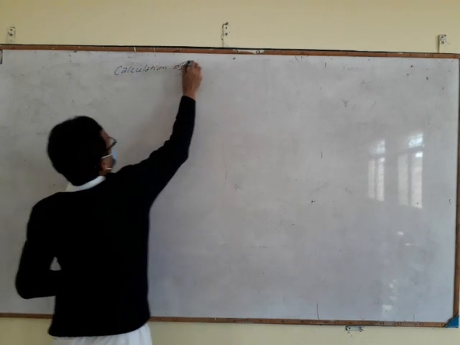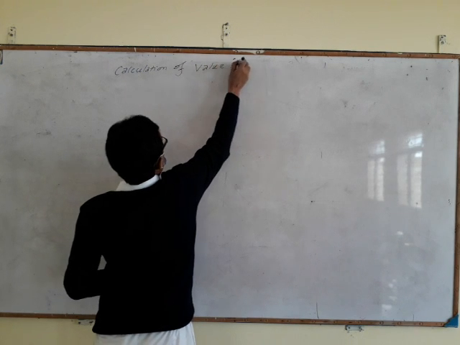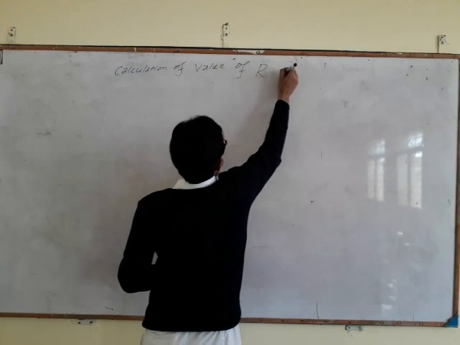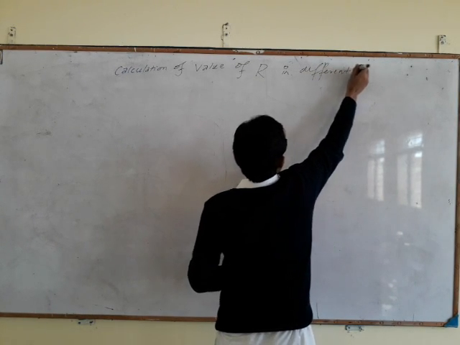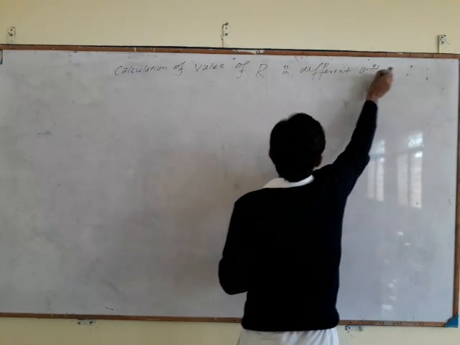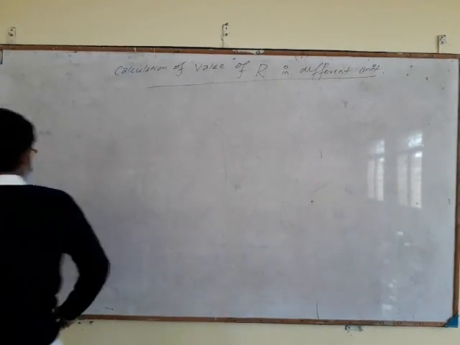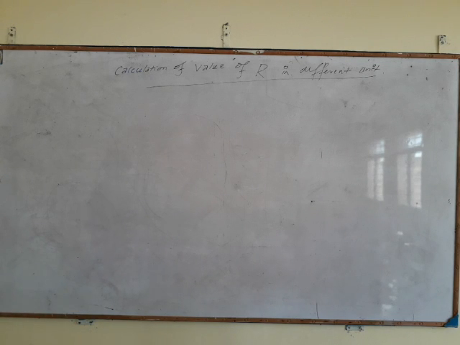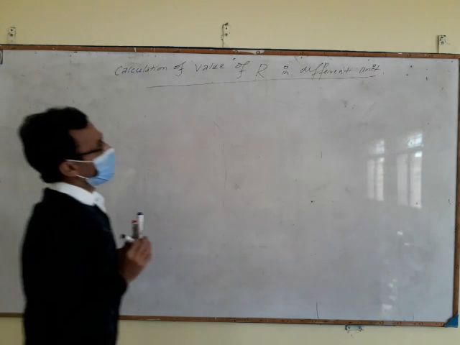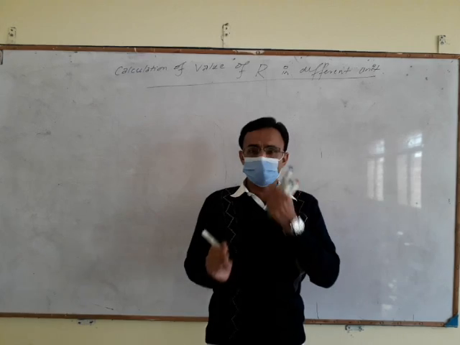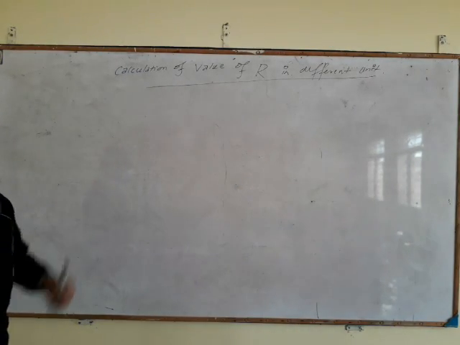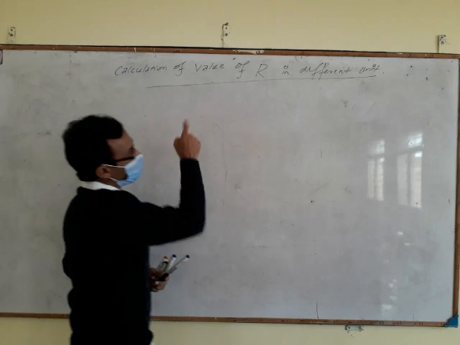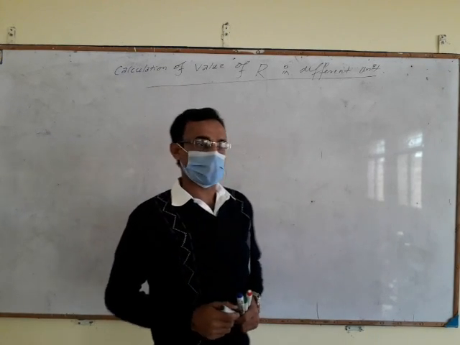Calculation of the value of R in different units. When we calculate the value of R, you can say that this is also an application of the ideal gas equation, because we calculate the value of R from the ideal gas equation.